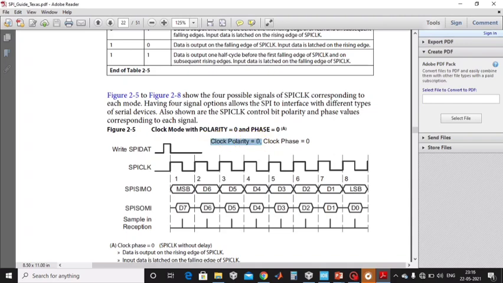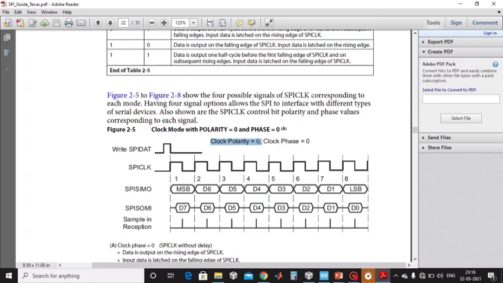Clock polarity low means the default state of the SPI clock is 0. What is meant by default state? Default state means whenever the device is not communicating, in the rest condition, the clock is at low level. So clock polarity 0 means by default the clock is at low level.